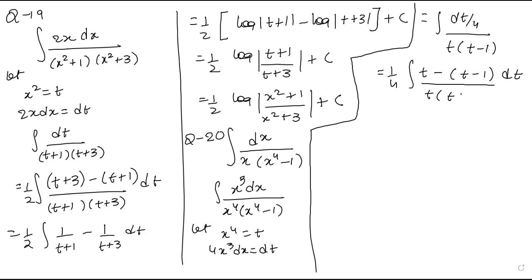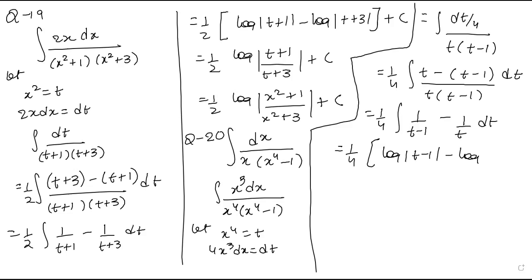You can use partial fraction if you are not getting it; using partial fraction, you will get the same value. So if I divide this individually, I will have 1 upon t minus 1 minus 1 by t dt. If I take integration, I will have log mod t minus 1 minus log mod t plus c.